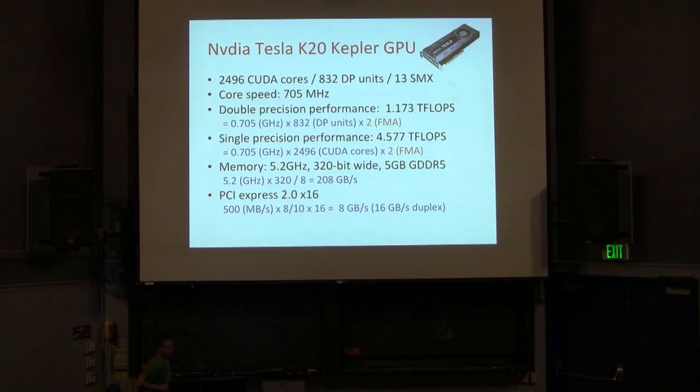The core speed here is also about 700 megahertz. You can do a quick calculation of the double precision performance, right? You calculate the clock speed and the double precision units, because each can do one double precision, but here it's also a 2, for the same reason. They count a fused multiply and add. They can do a fused multiply and add in one clock cycle. So that's how you reach this number.